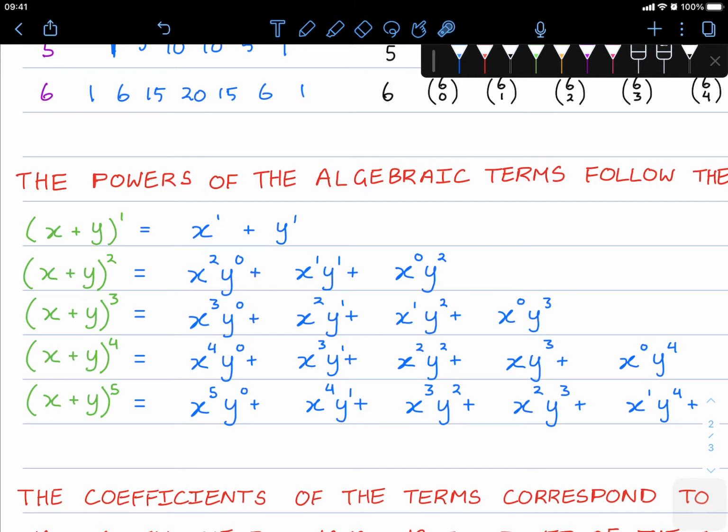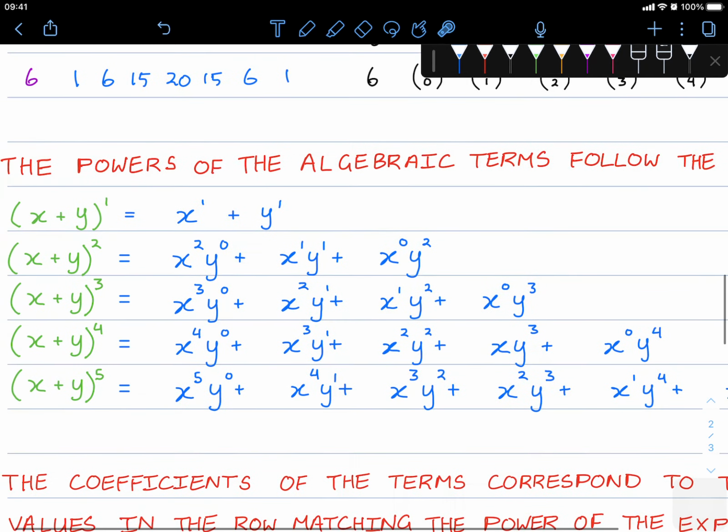Do you notice the pattern happening? 2, 0, 1, 1, 0, 2. It'll be a little bit more obvious in the next row. 3, 0, 2, 1, 1, 2, 0, 3.